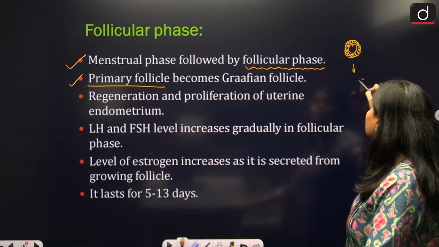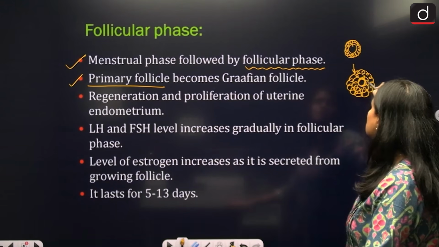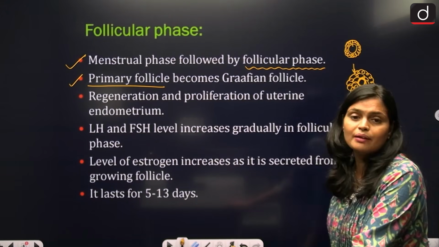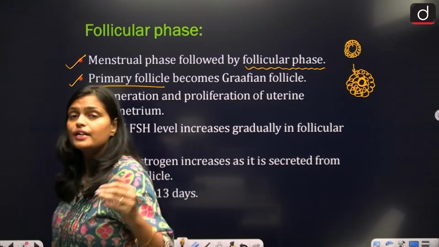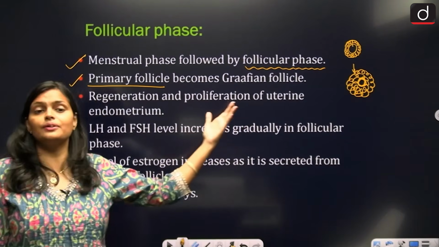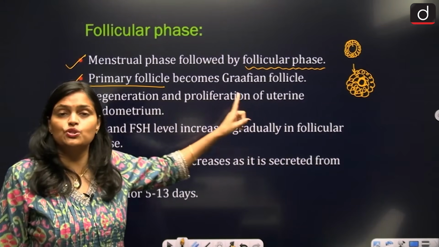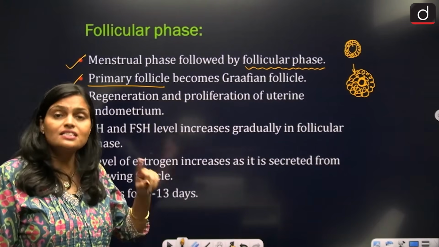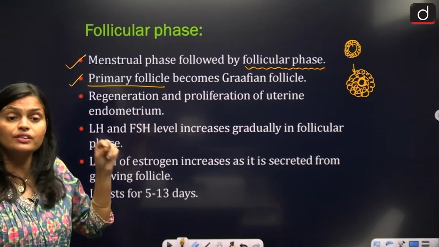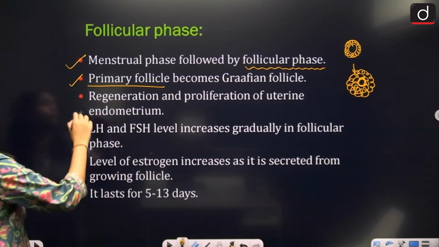The primary follicle converts into a secondary follicle, then the secondary converts into a tertiary, which converts into the Graafian follicle. So all this follicle development takes place during the follicular phase, and these events go on within the ovary.